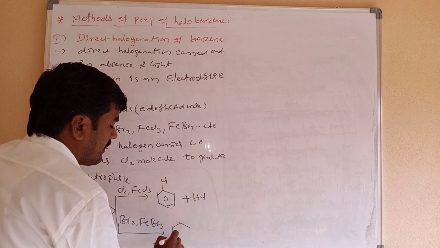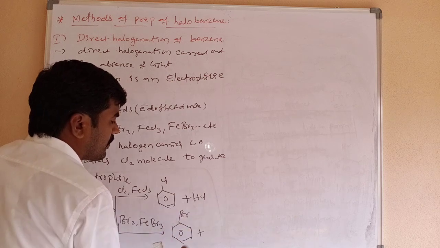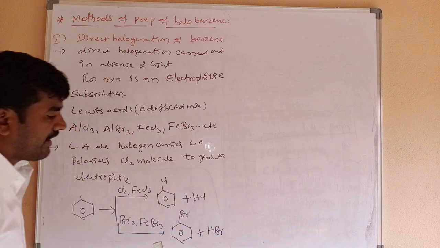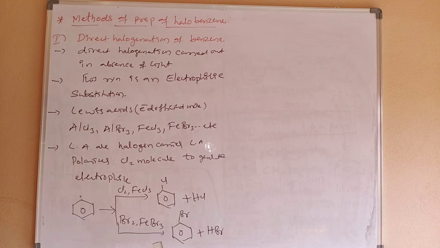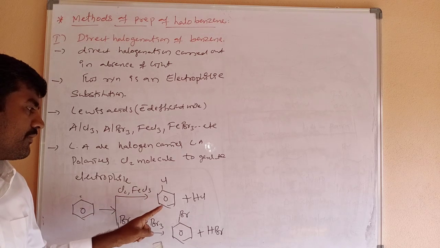We will get bromobenzene. These are the preparations of chlorobenzene and bromobenzene. We will get hydrogen bromide here. I will take an example of chlorobenzene. Formation of chlorobenzene: benzene reacts with chlorine in the presence of Lewis acid like FeCl3 to form chlorobenzene.